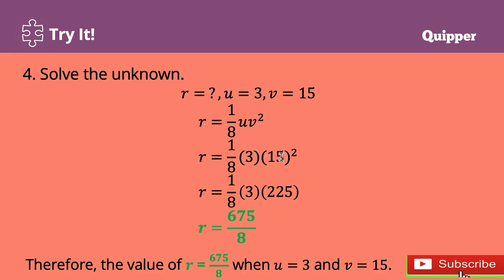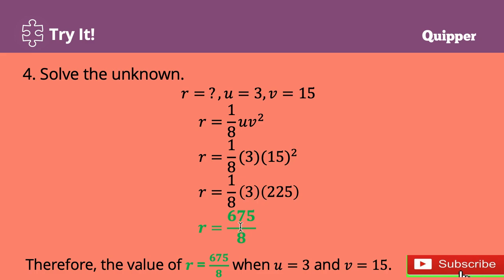Square of 15, or 15 times 15, is equal to 225. And multiply it by 3 and 1 over 8, and that is equal to 3 times 225 is 675, times 1 is still 675, divided by 8.